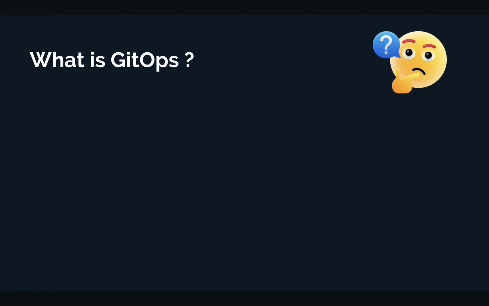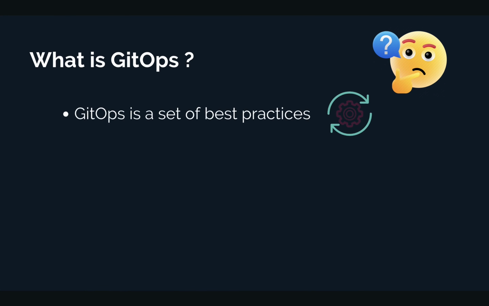What is GitOps? Well, GitOps is just a set of best practices for managing infrastructure and application configurations. It relies on Git. This means that the entire code delivery process is controlled via Git, not only the application code, but also the infrastructure and the application's configuration are managed via Git.